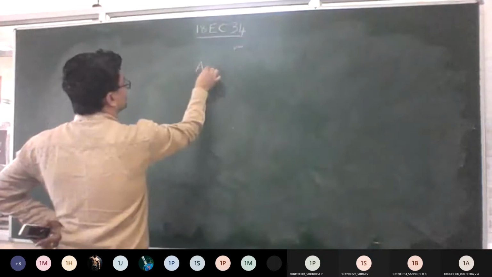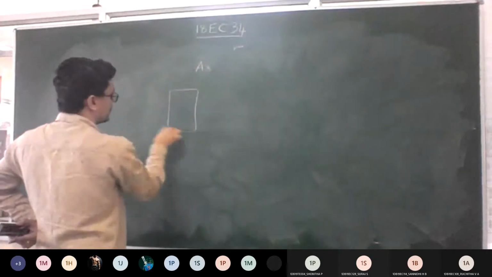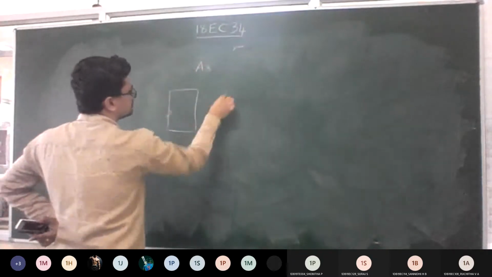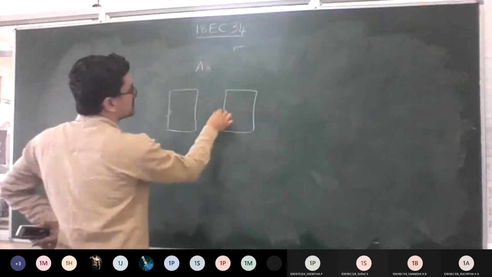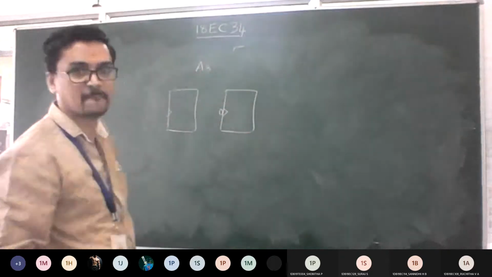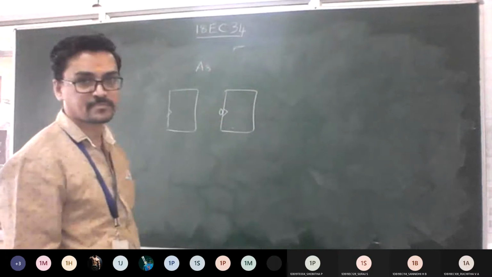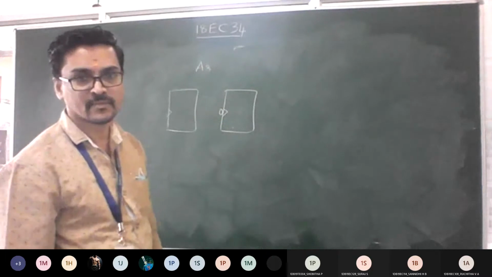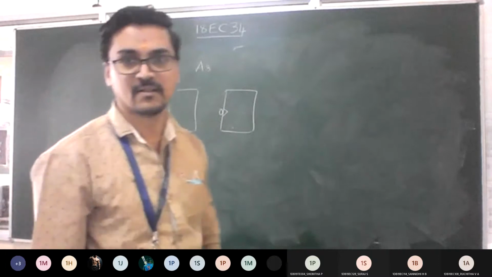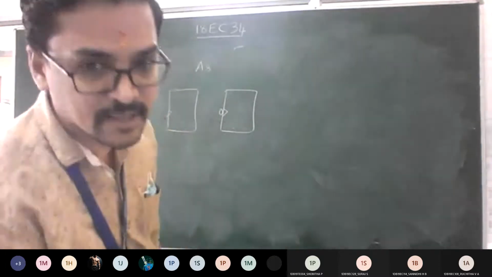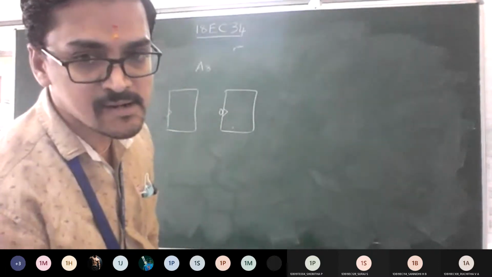If you take a block here, for example a D flip-flop, and assume 2 bits are taken, what is the difference between this and this? If it is like this, what is the difference? Have you seen active low and active high?